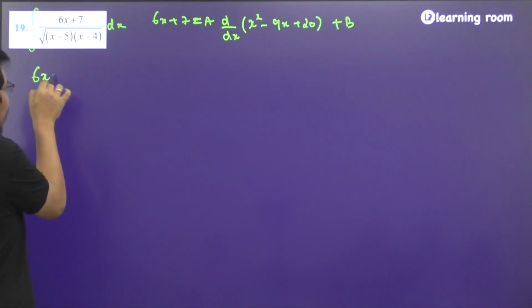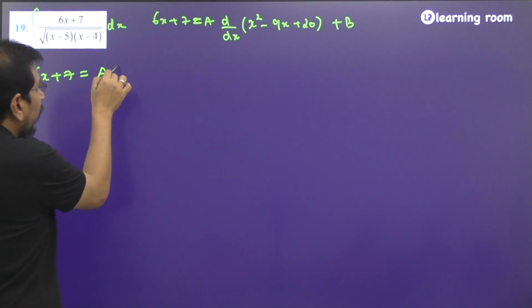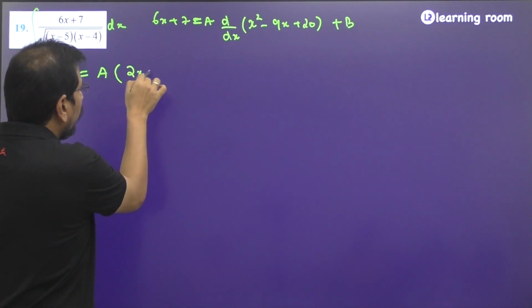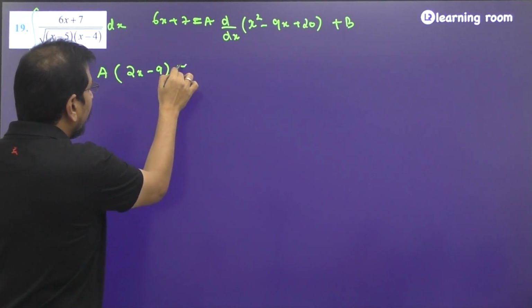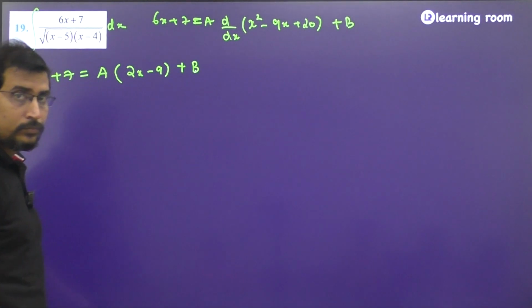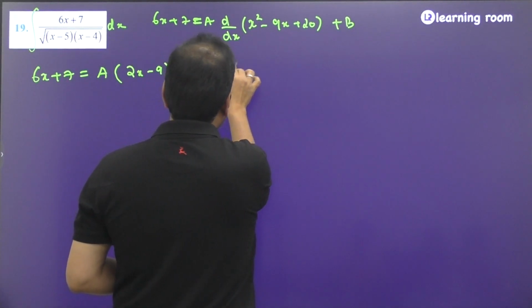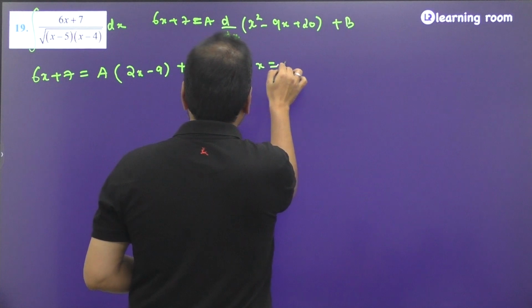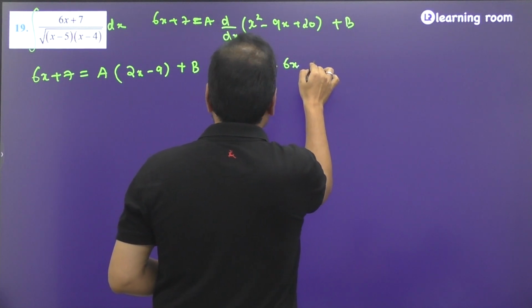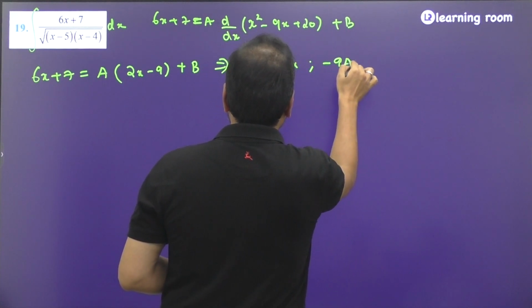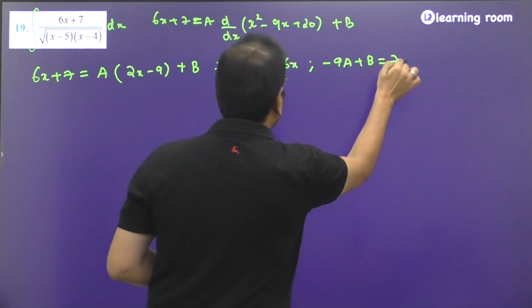So this will be of the form 6x plus 7 is equal to a into 2x minus 9 plus b. So a into 2x minus 9 plus b, which implies 2ax is equal to 6x and minus 9a plus b is equal to 7.